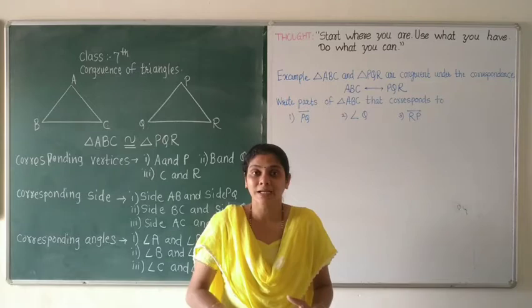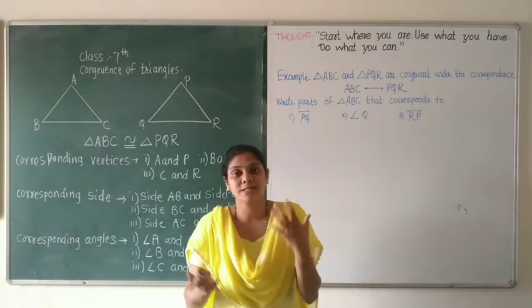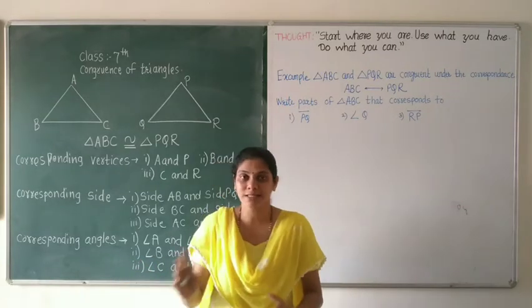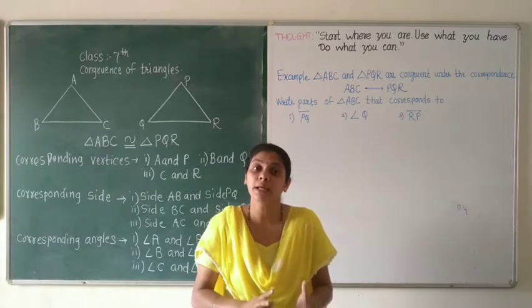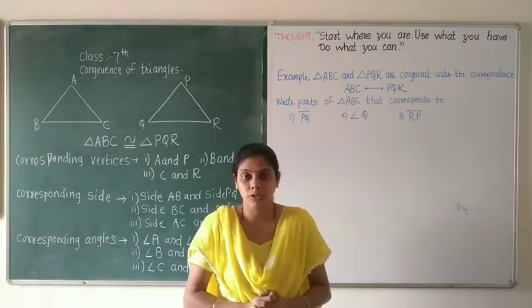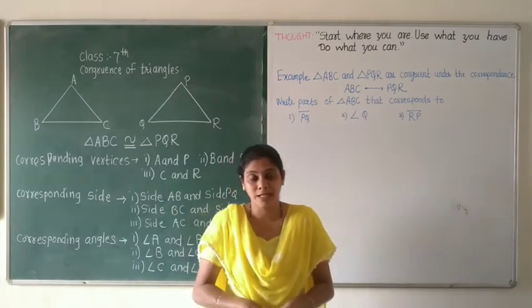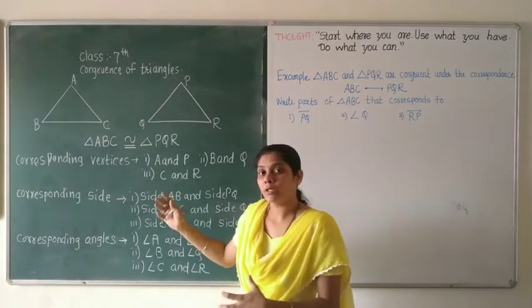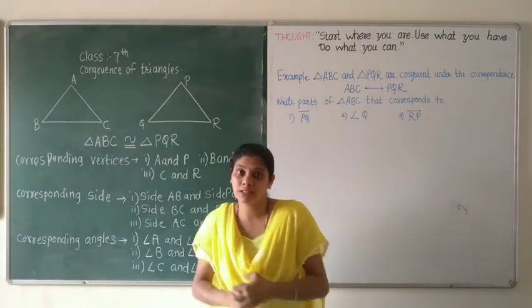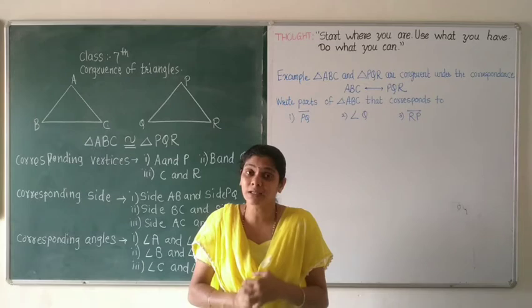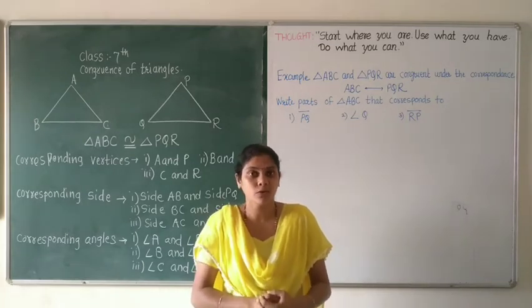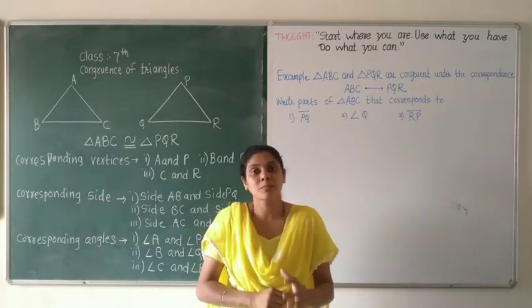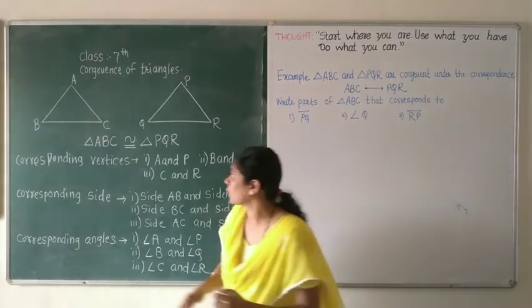So when we write the corresponding sides, angles and vertices, they are congruent to each other. But now we have to write about their corresponding triangles also. And while writing the corresponding triangles, we are going to use the symbol of correspondence. How can we write it?